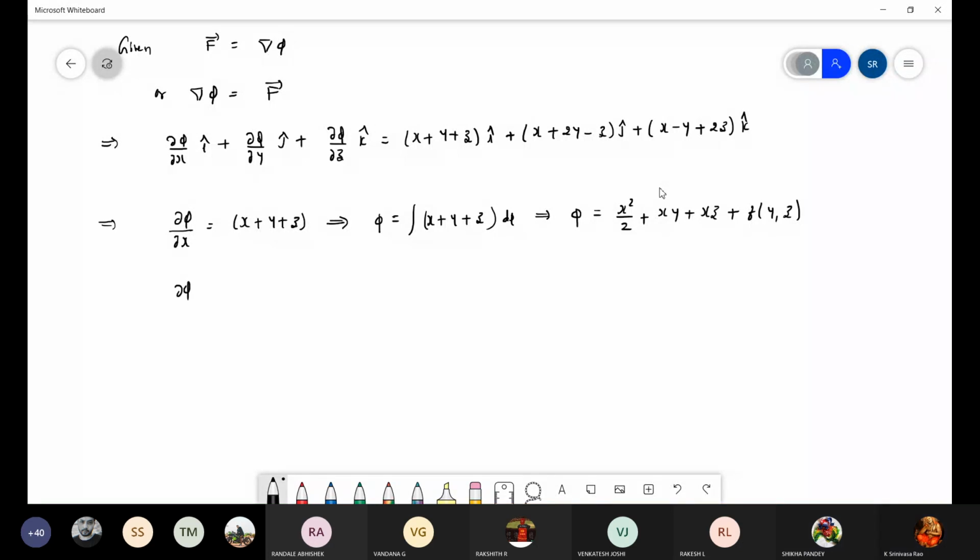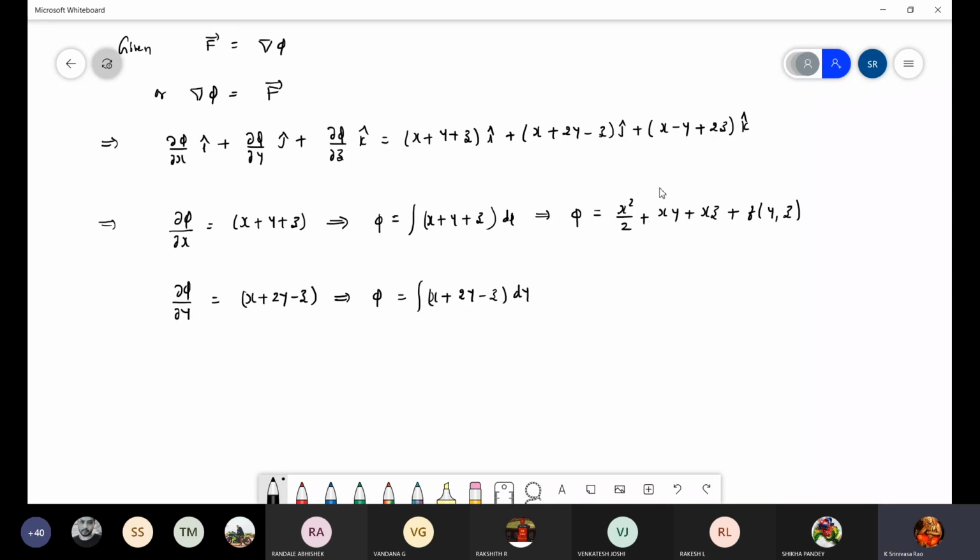Similarly, dou phi by dou y equals x plus 2y minus z. That implies phi equals the integration of x plus 2y minus z dy.